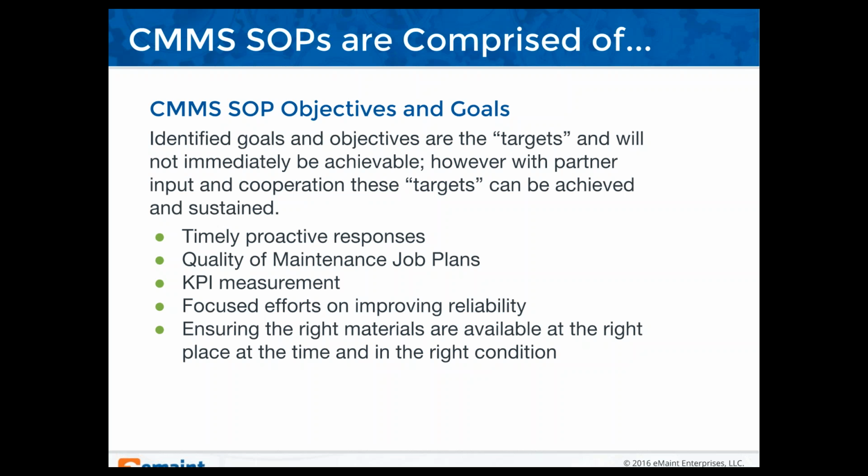It may be looking at techniques and technologies for improving reliability, and ensuring that the right materials and spare parts are available at the right place, at the right time, and in the right condition. So in terms of objectives and goals, these come from a strategic perspective within the context of your implementation of your maintenance system and your CMMS.